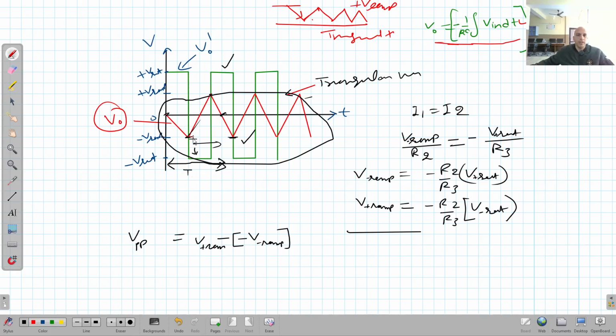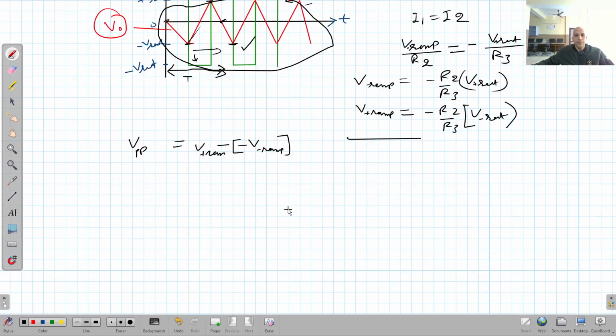Peak to peak means from here to here, or we can say from here to here. So if I put these two values here, what will I get? V output peak to peak is equal to, now when you do all this, what you will get?